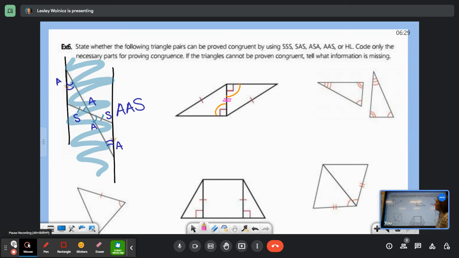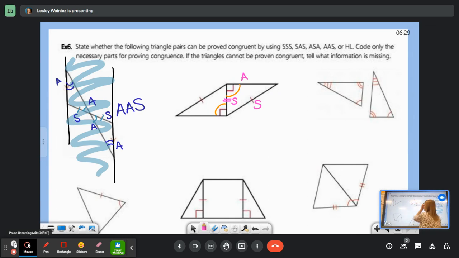Okay, but this one is tricksy. Look at the order here. I have a side, and then a side, and then an angle. Now, look at the order. The order is messed up. Do you see how it spells a bad word if you go backwards from what I just did?